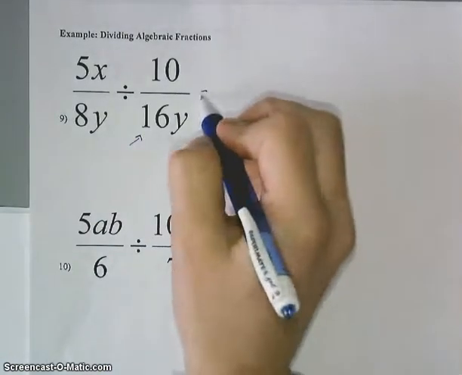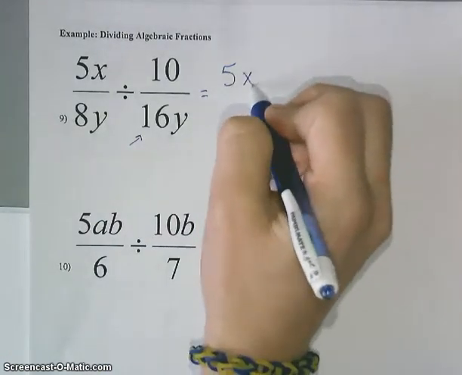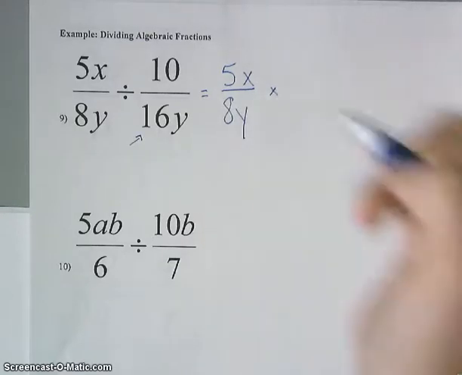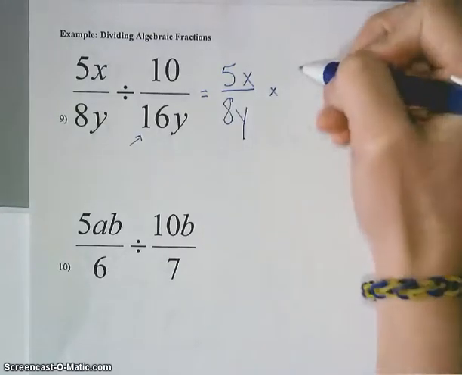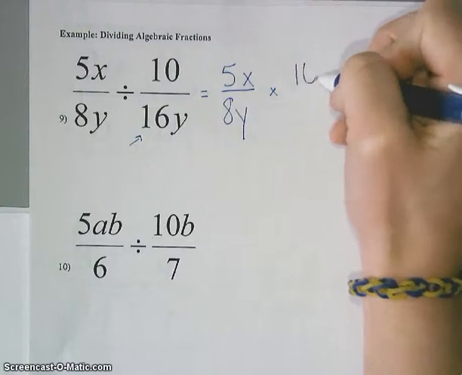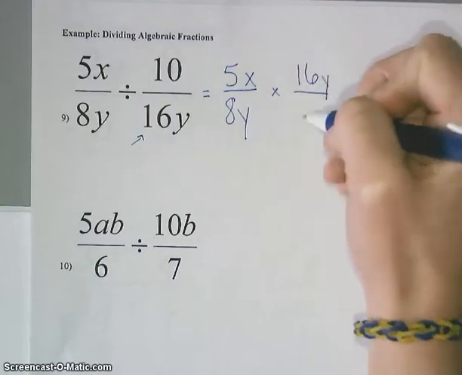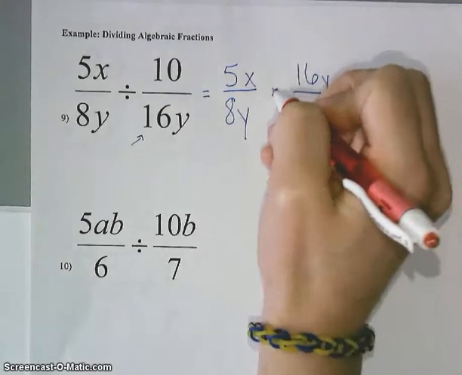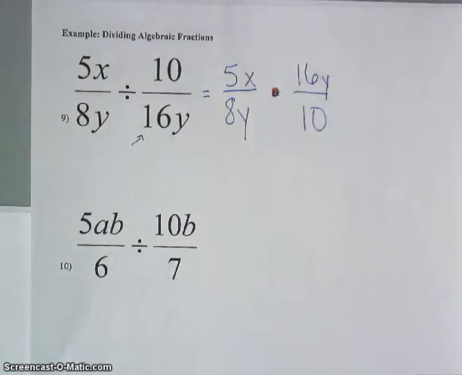So I'm going to rewrite this problem before I start doing anything. 5x over 8y, and I'm going to change that to a multiplication sign, and then it's going to be 16y over 10. And to make things a little bit less confusing, I'm going to make that a dot, because remember we're in algebra now.